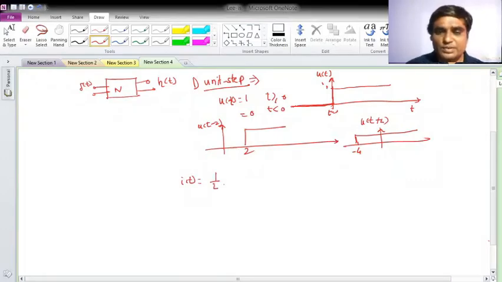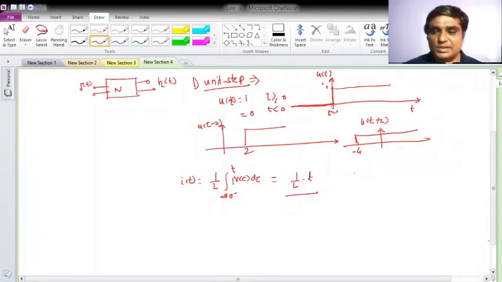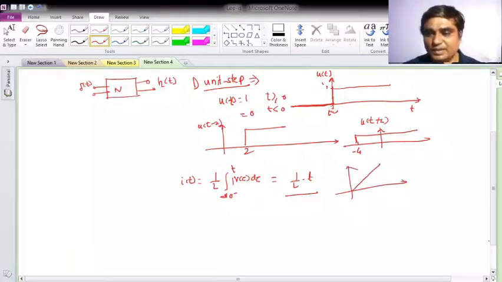What will the current through the inductor be if I apply the unit step signal as a voltage source? Your v of t is constant, so it is 1, so the current will be t. So the current is linearly increasing in this case, right? So this will be my current here if I apply the DC source as a voltage across the inductor.